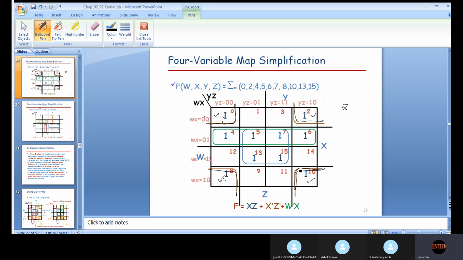And among these two, which is the common term? Okay. So if you are grouping x bar z bar, you will get, yeah.